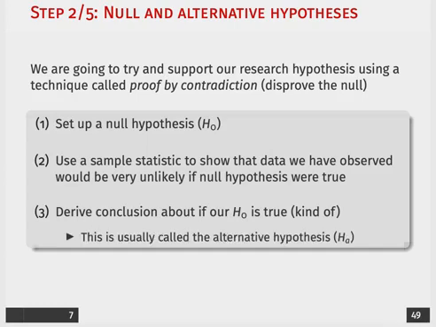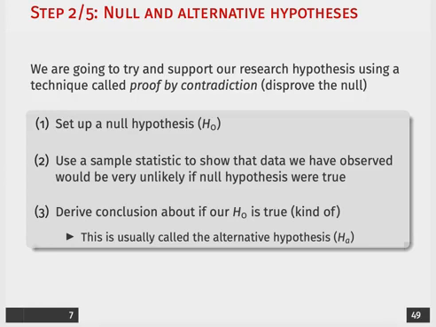Now, we will be somewhat deriving a conclusion that our null hypothesis is not true. It's usually called the alternate hypothesis, but I'm going to really emphasize careful language to always say that we either find sufficient evidence to suggest that the null hypothesis can be rejected, or we cannot find sufficient evidence to reject the null.